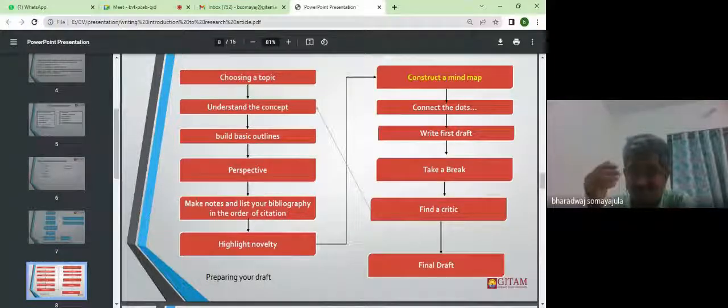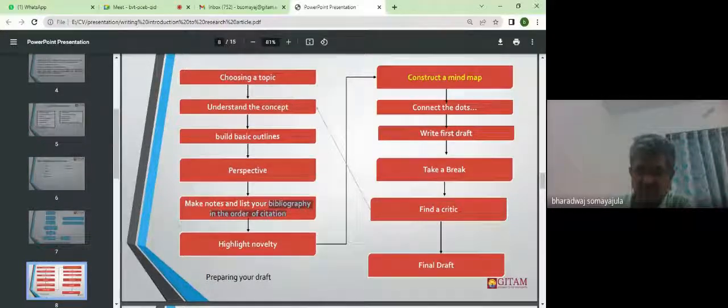You have to read a wide variety of articles, maybe with international standard. You have to read a lot. You have to start thinking out of the box: if it is like this, why is it not like that? So you have to build your own outlines, make your own notes, create your own perspective.